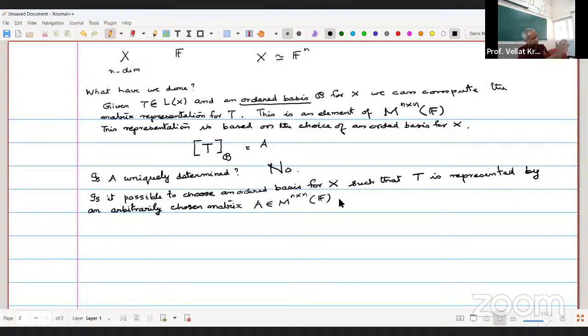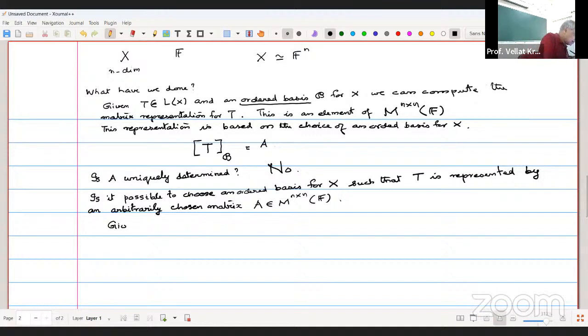Once T is given and an ordered basis is chosen, you can compute the matrix that represents it. Suppose T is given and an n by n matrix A is also given. Is it possible to find an ordered basis such that A represents T with respect to that basis?